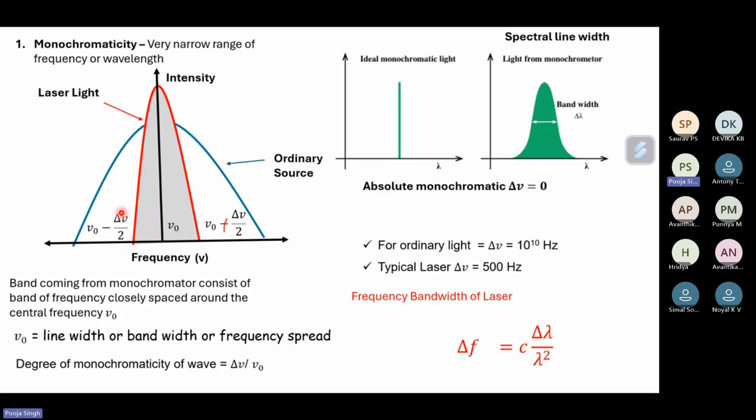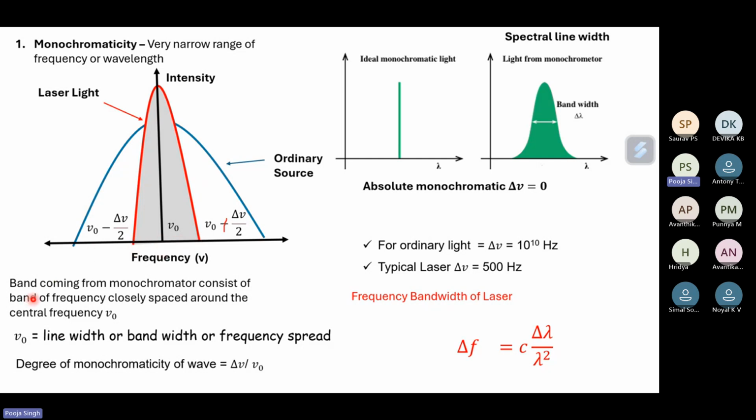Delta nu basically represents the variation from the central frequency. Sorry, delta nu is the whole. This line, when you divide by half, takes only this much from the central frequency. So this is delta nu by 2 and this is delta nu by 2. The whole will be delta nu.